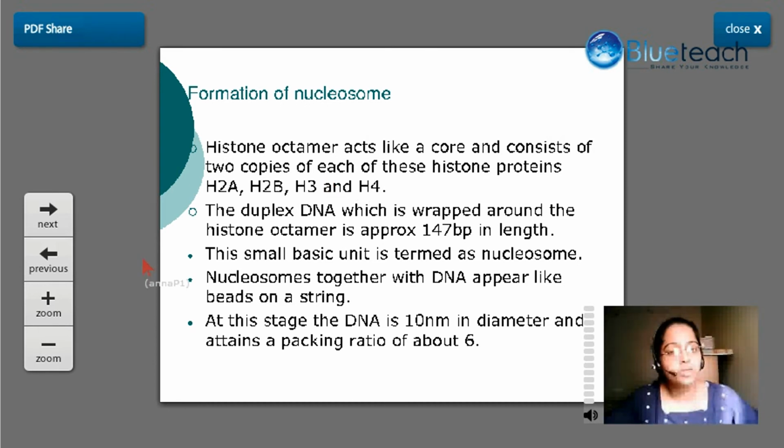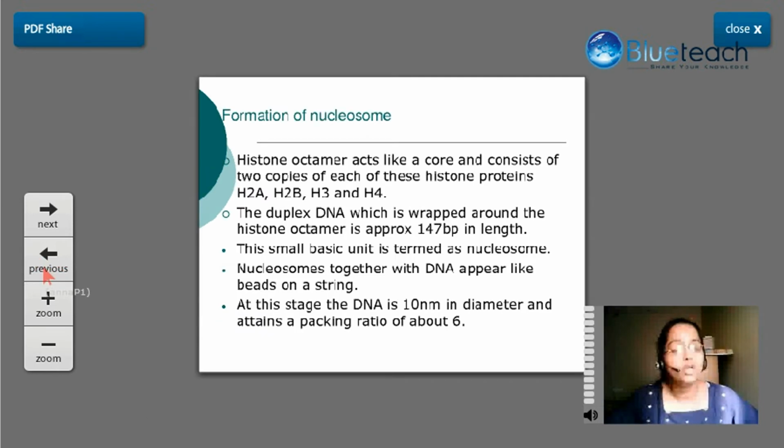The duplex DNA which is wrapped around the histone octamer is approximately 147 base pairs in length. This is a small basic unit and is termed a nucleosome. The nucleosomes together with DNA appear like beads on a string. At this stage, the DNA is 10 nanometers in diameter and attains a packing ratio of 6.